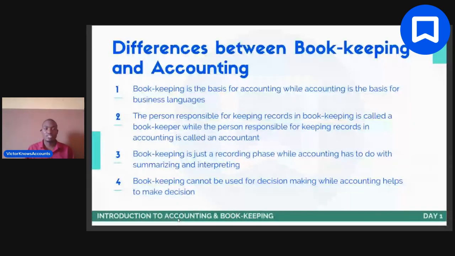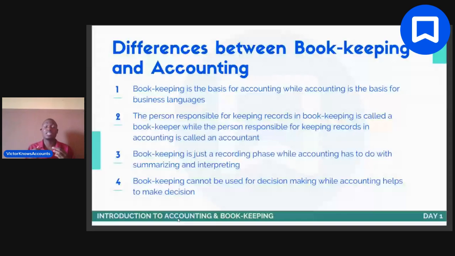You have to live in a house, but there will be no house without the foundation. So bookkeeping is the foundation, while accounting is the house. You cannot be satisfied with just record keeping. You must take it through the accounting process to derive financial information and communicate it to the users of financial statements. Do we understand that?